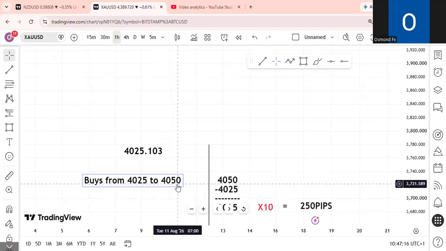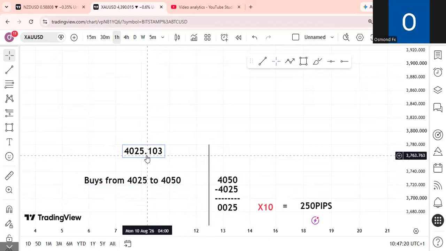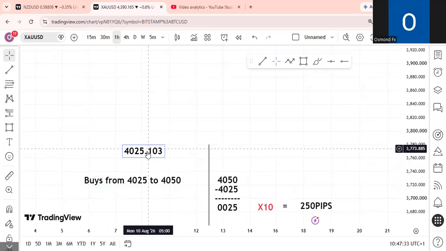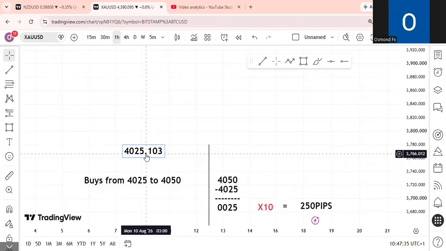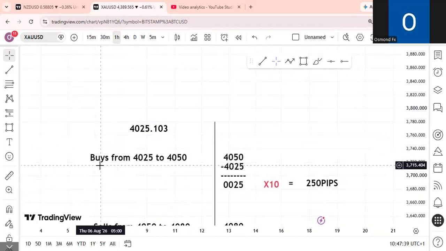Now, I want you to just ignore the decimal number that comes after the whole number, which is 4,025. Just ignore these decimal numbers, the number that comes after the point. All you have to focus on is the whole number.